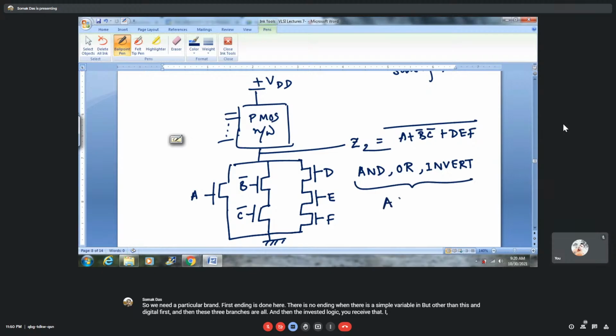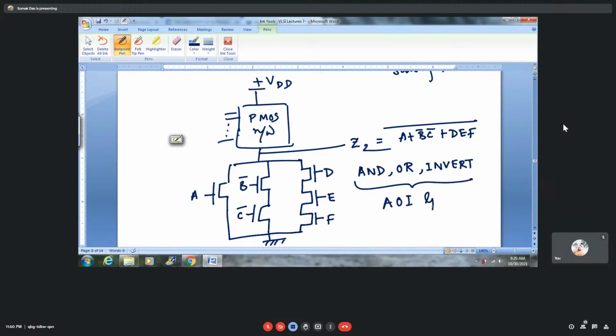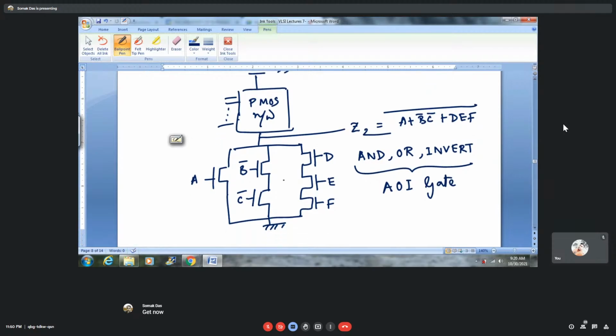So this is an AOI gate. What is the AOI gate? This gate is not just the NMOS network; rather the whole circuit is nothing but the AND-OR-invert gate.